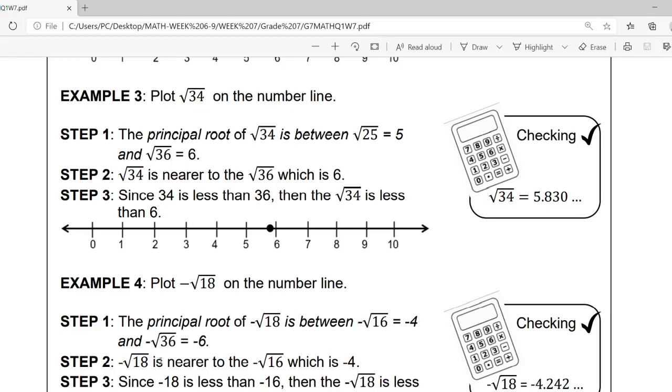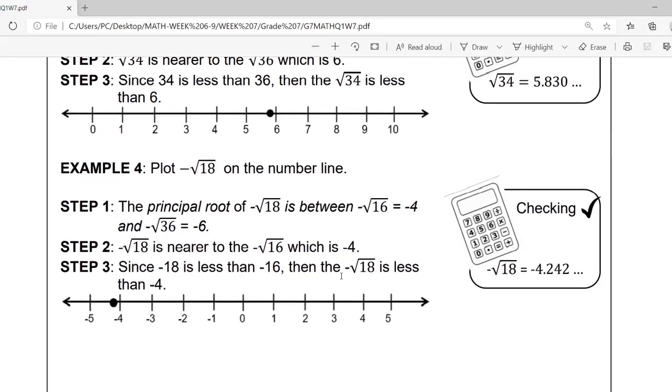Okay, then the square root of 18 is nearer to 16 than 25, right? So therefore, it is nearer to negative 4. So therefore, negative 18 is less than negative 16. Then negative square root of 18 is less than negative 4.